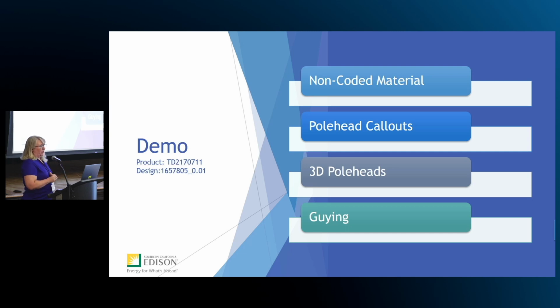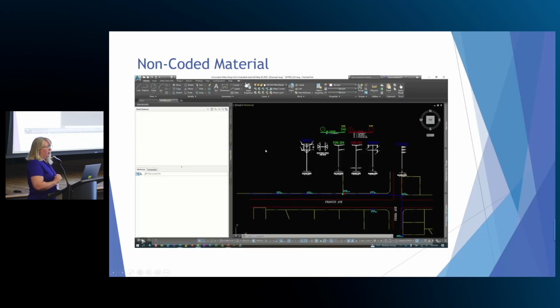So this is how we put in the non-coded material, and how we do our pole head callouts, our 3D pole heads, and our guying. In non-coded material, I'll play the video and talk through it as it plays.